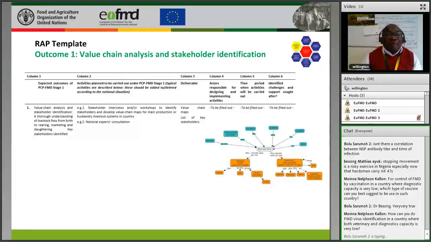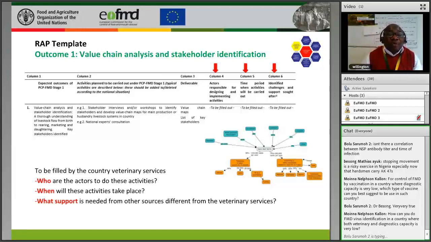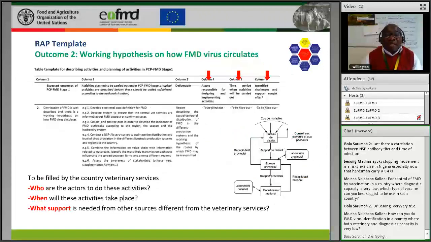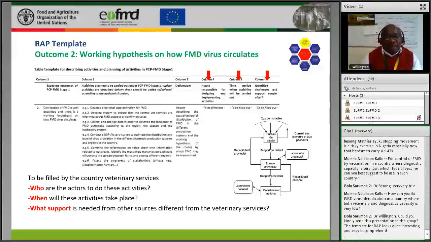Of course, you have column 3, which is the value chain. You enlist all these value chains and the stakeholders. Column 4 is to know the actors who are responsible and what they have to do, and then column 5 is the time frame for which that activity has to be done, and column 6 is the identified challenges that are inherent in that outcome, in this case, the value chain.